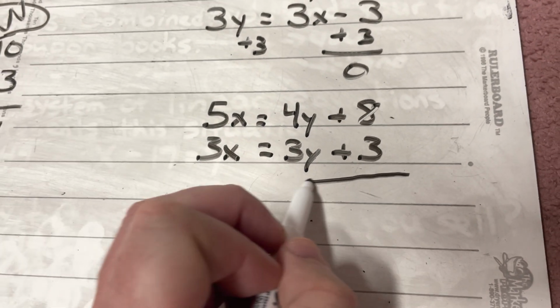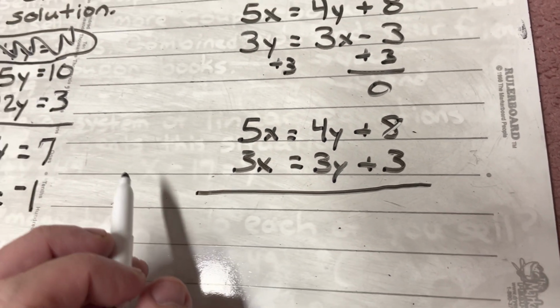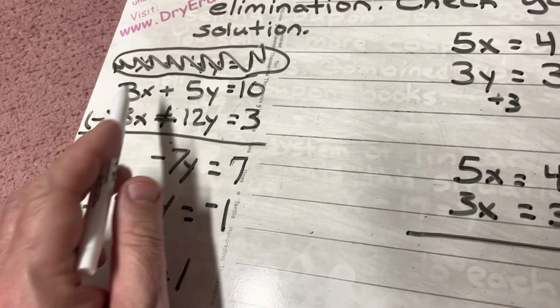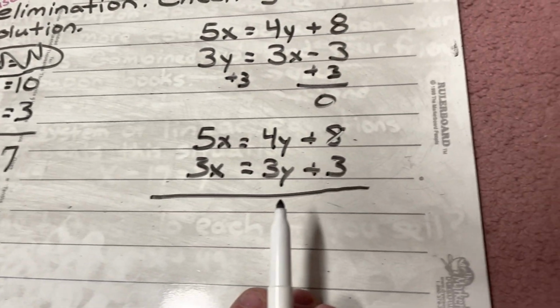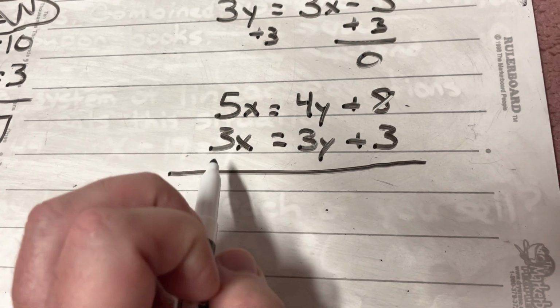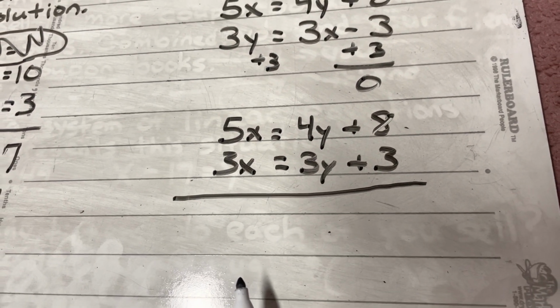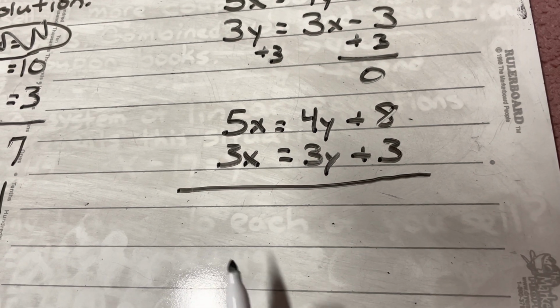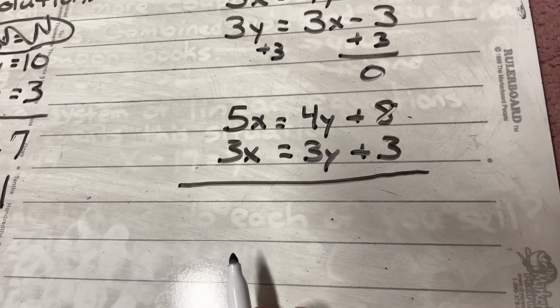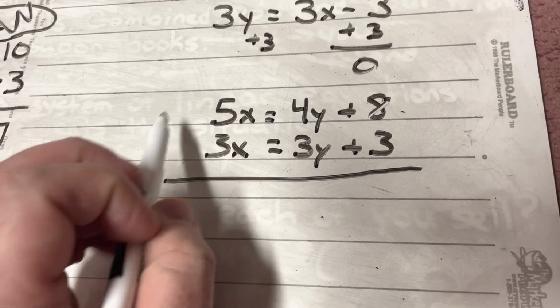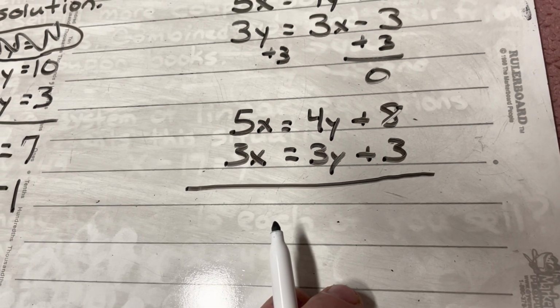Now, the first one was nice because I could just multiply this first one by 3 and it made it 3x. Now that's not going to work because I can't take the 3 and turn it into 5, or turn it into 4. So this works a little bit differently because now I'm going to have to change both equations.